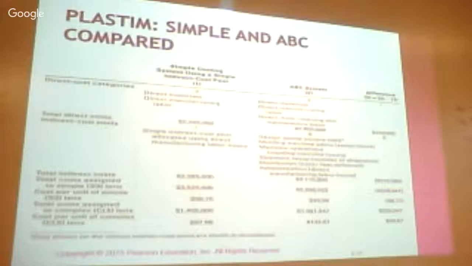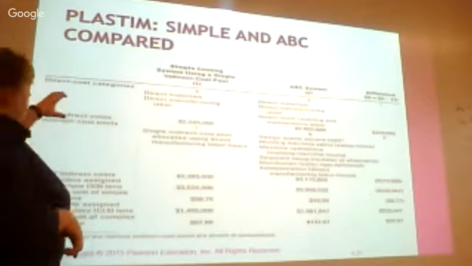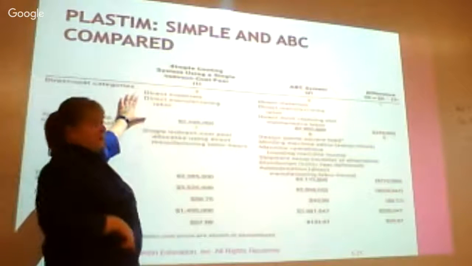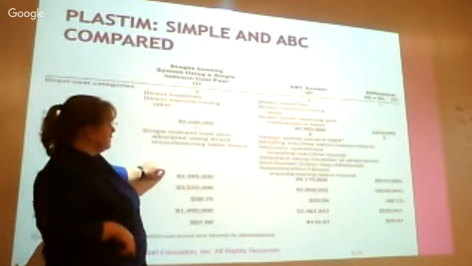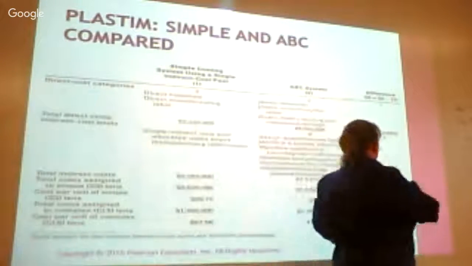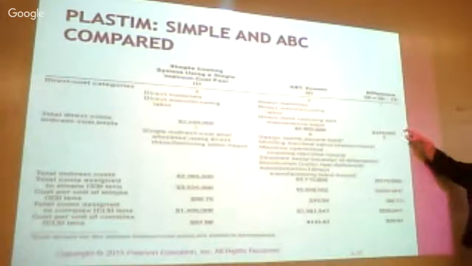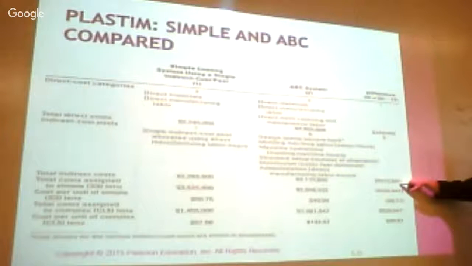In the ABC system, we had 7 different things. So the difference between these totals is going to be because they reallocated the type of direct cost they had here. My indirect cost here is higher than here. You notice the difference, these two net, okay? That's the only difference there.